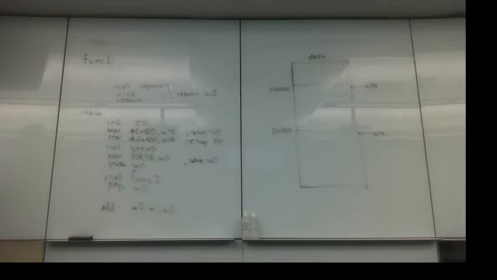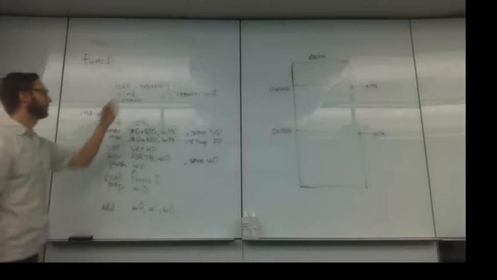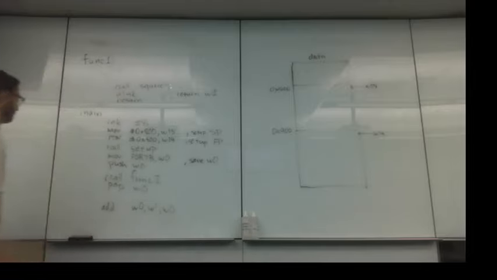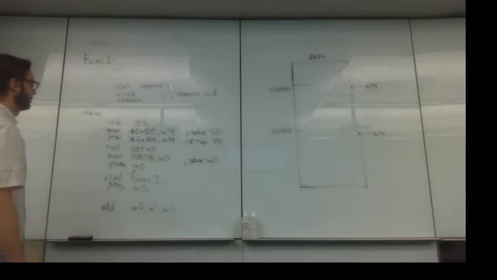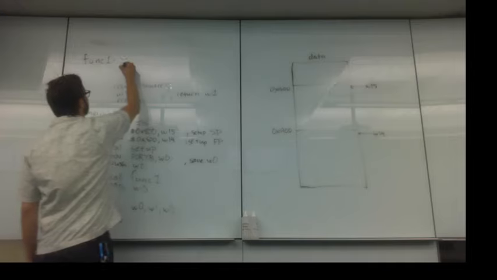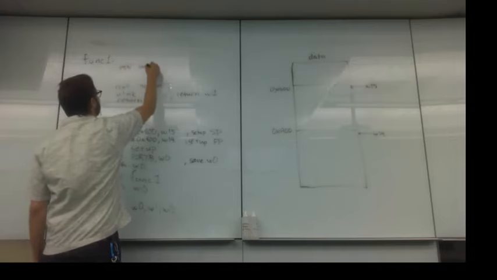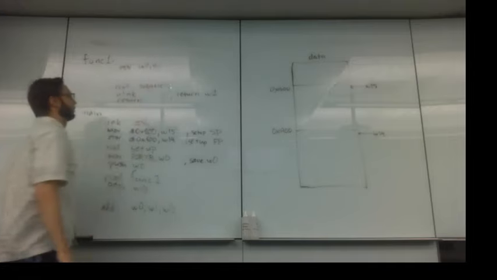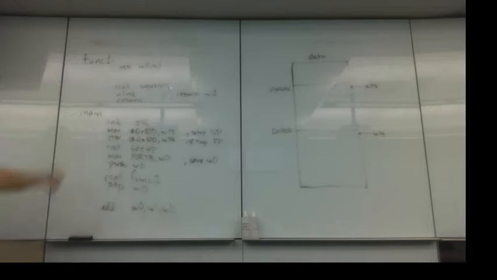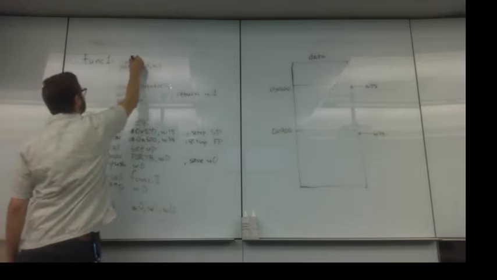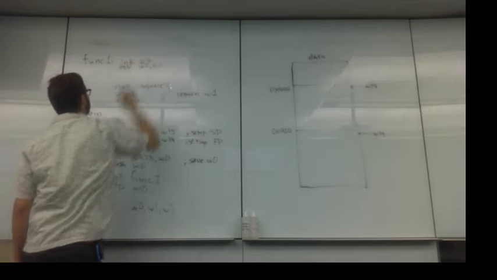Okay, so square basically takes the value in W1 and squares it. So we're going to move W0 into W1 before we call square, and we're going to do link 2 up here.